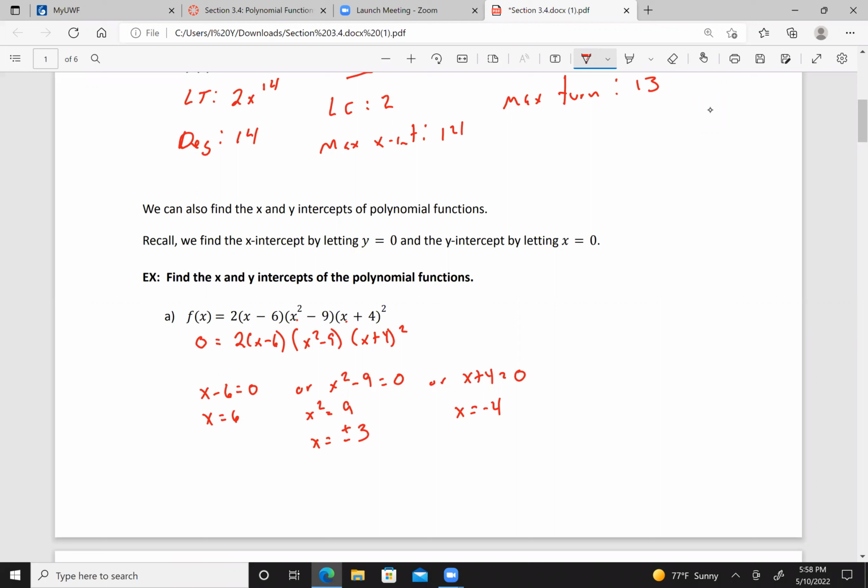And now we're going to find the y-intercept by setting x equal to 0. I have f of 0 equal to 2 times 0 minus 6 times 0 squared minus 9 times 0 plus 4 squared. So this is 2 times negative 6, negative 12. This is simply negative 9, and this is 16.